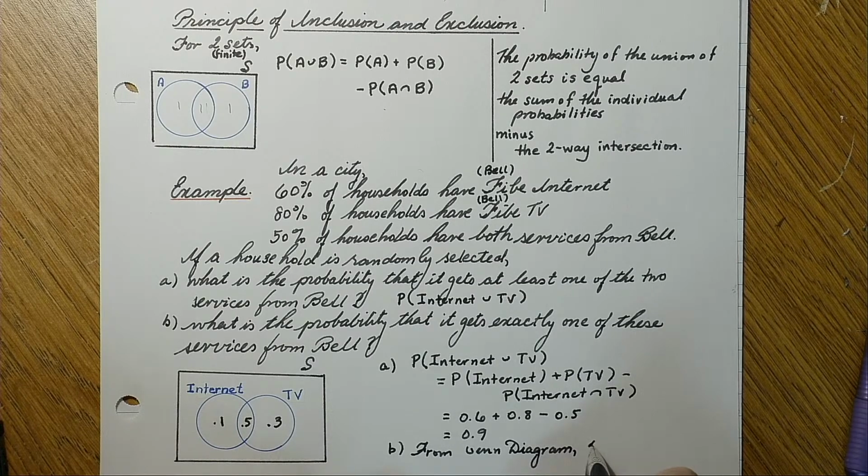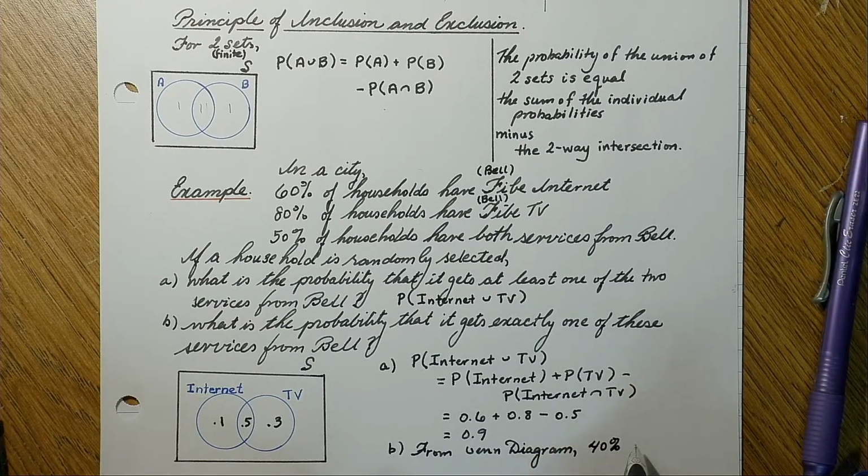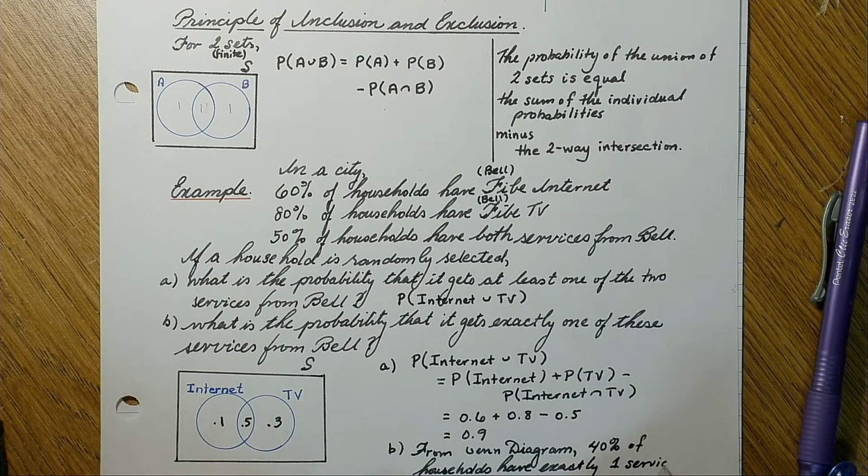It's 40% of households that have exactly one service. Okay, can you quickly go over why you subtracted them?